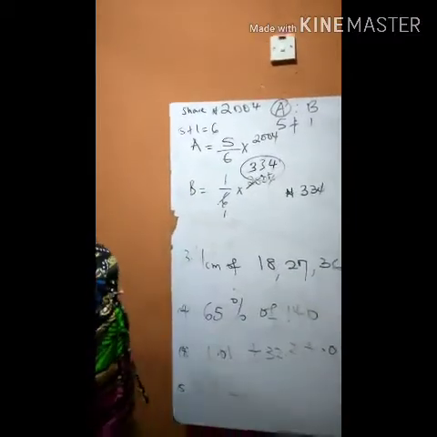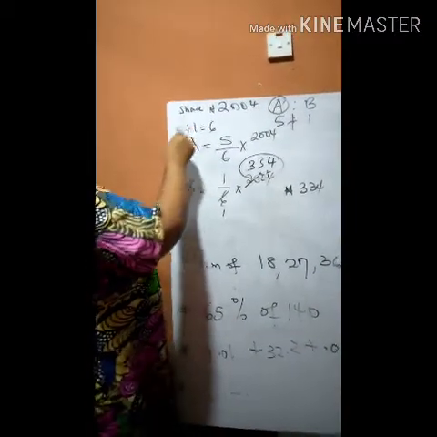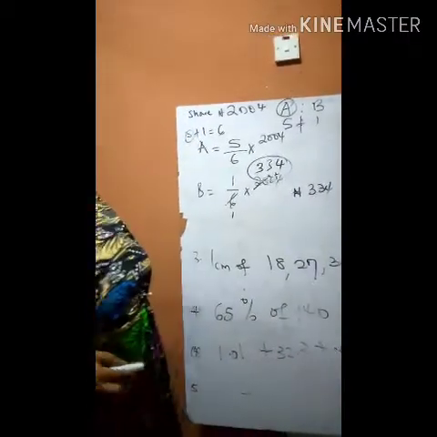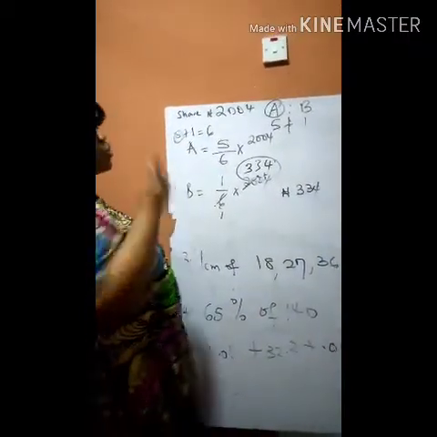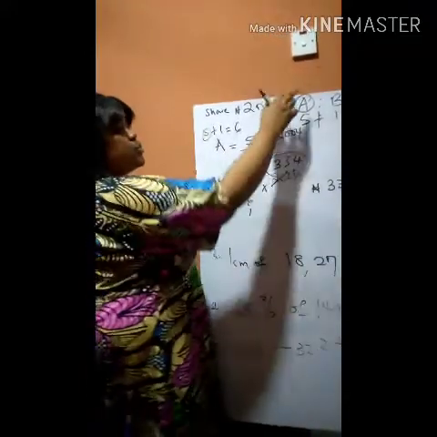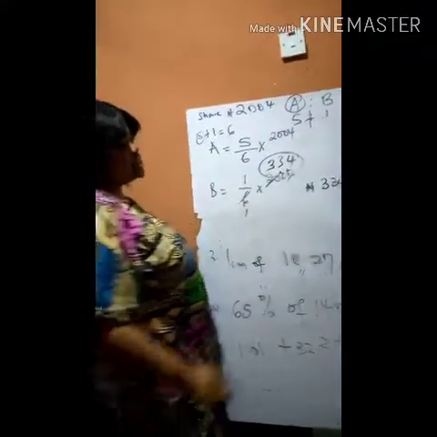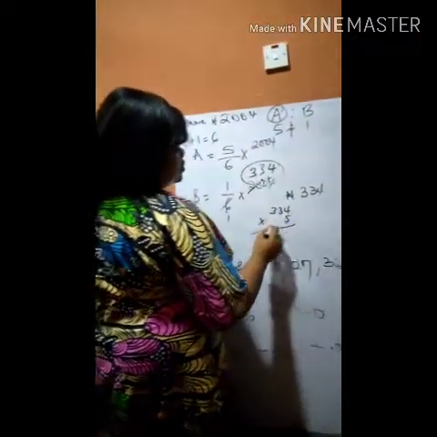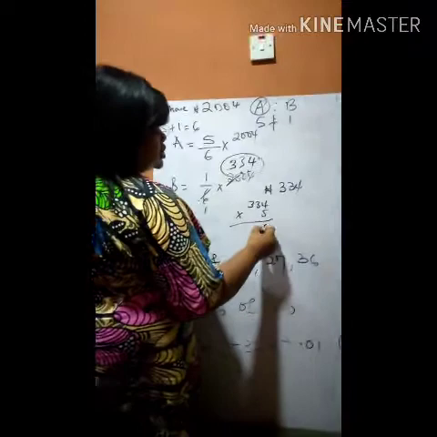While A will be getting 5 times. Whatever B gets, A will get 5 times. That's what ratio means. So, what will A get? That's what the question says we should solve for. It will be 334 times 5. 5 times 4 is 20.